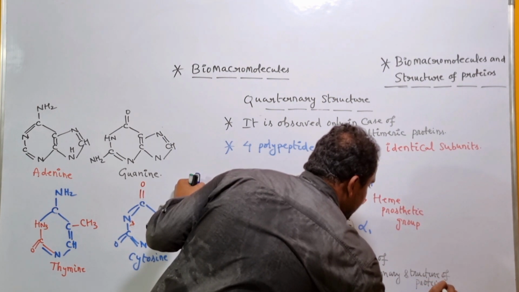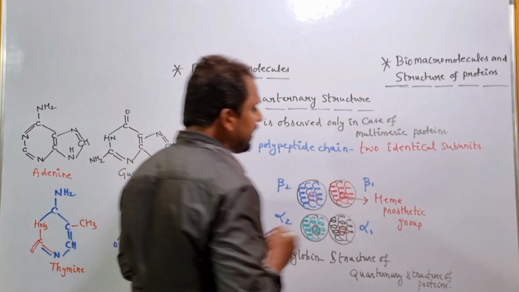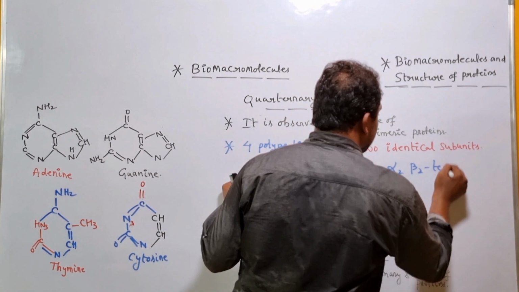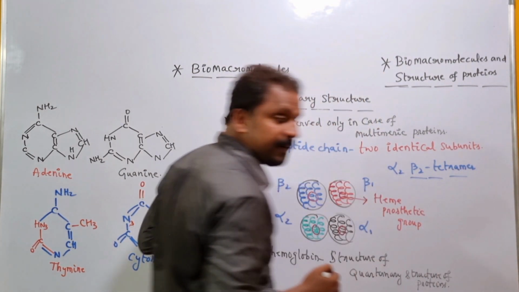Basically hemoglobin contains two identical subunits, and these include the alpha 2 beta 2 tetramer. Is it clear?